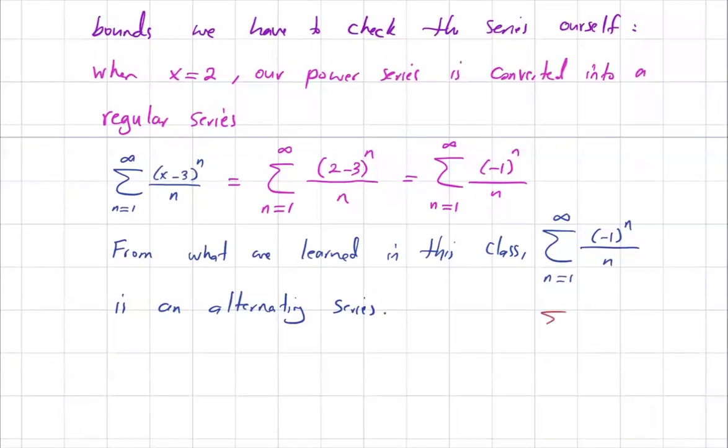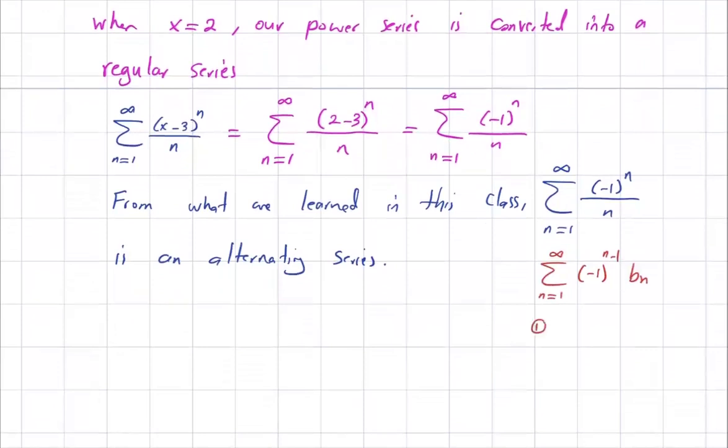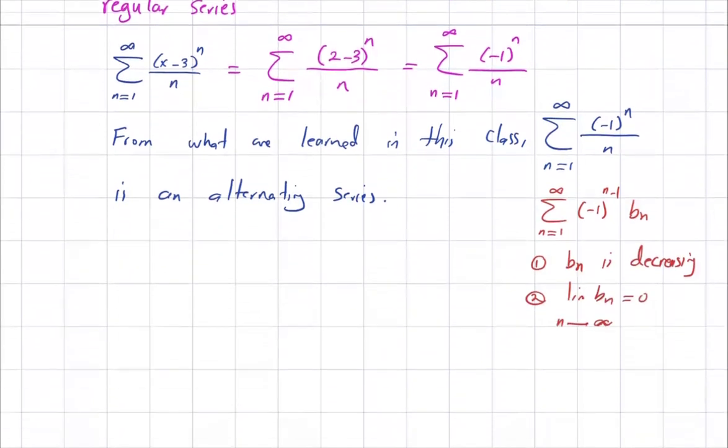An alternating series was defined as the summation of -1 to power n minus 1 times bn, starting from 1 and going to infinity. As long as bn is decreasing and bn has a limit equal to 0, we have a convergent series.